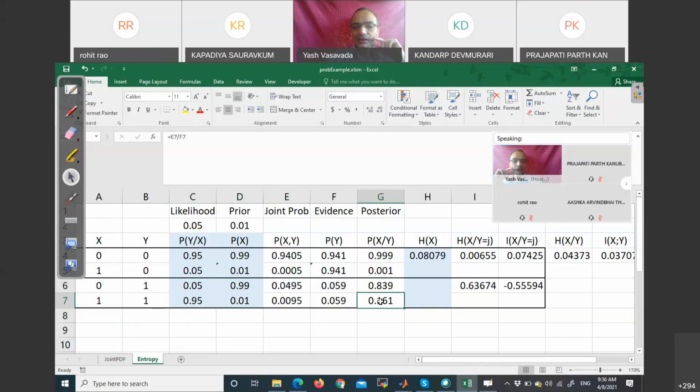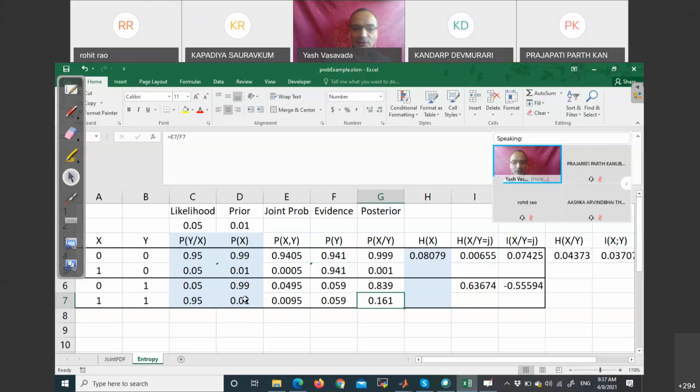This is now Q prime. Q prime is now 16%. But you see now an interesting thing happens. Previously you were not too unsure. You had only 1% belief that a person can have the disease. But after your test came out positive, that belief shot up. It became 16%.